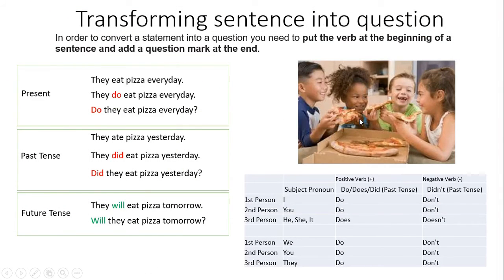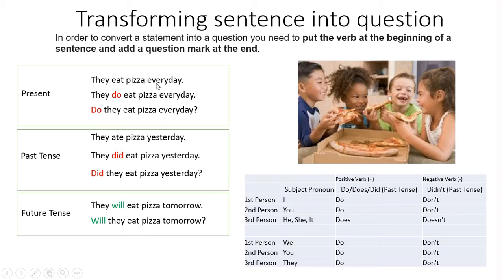On this picture, you can see four children who enjoy eating pizza. So this is no longer a singular subject. These are now plural because we have one, two, three, four children in the picture. So in present form, they eat pizza every day.